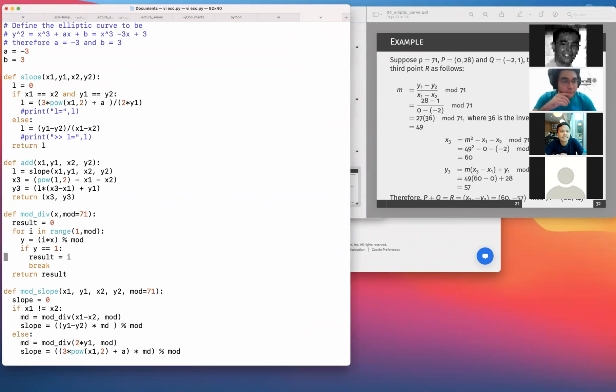Okay, so first we compute the slope. The slope is letter M. And then after we compute the slope, we can compute x3 and y3, which is the third point. So mod slope.